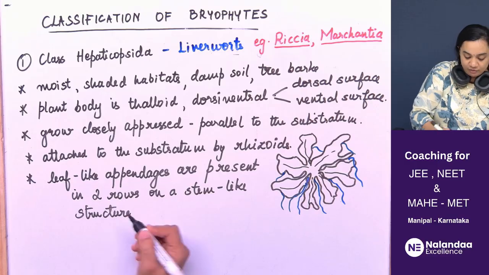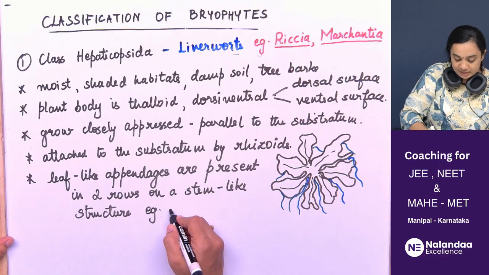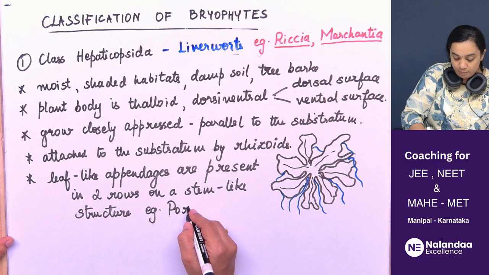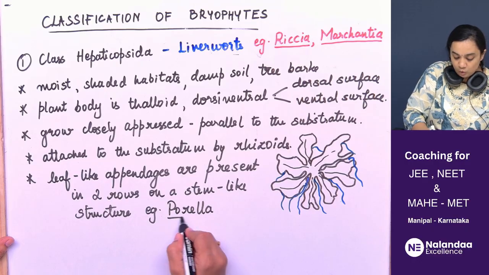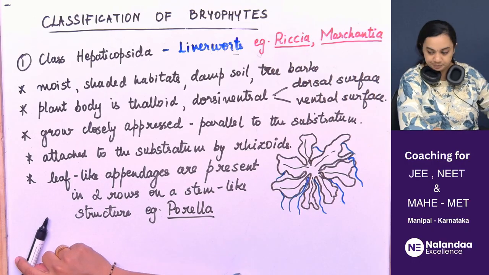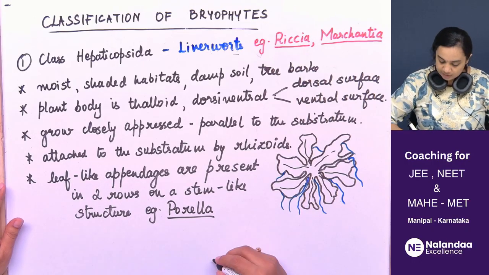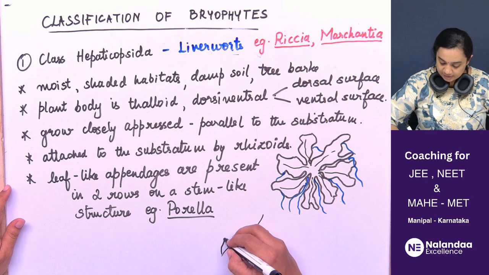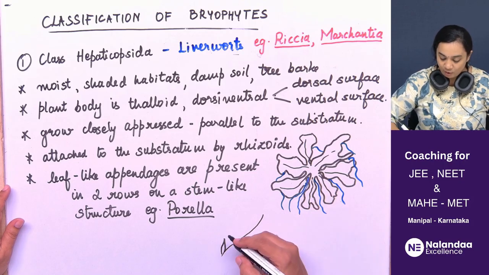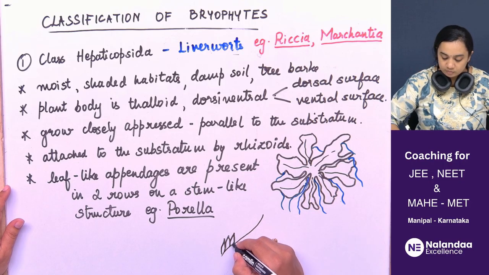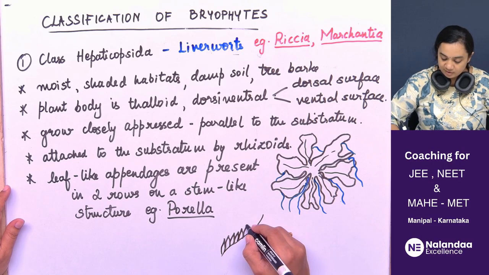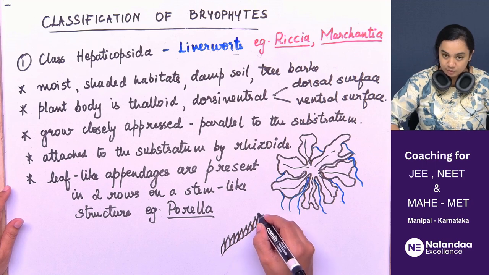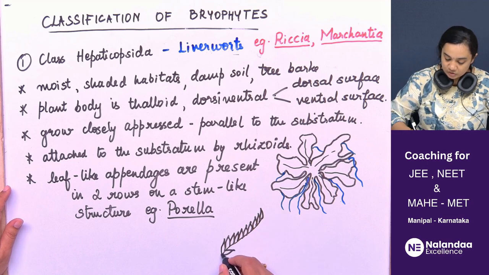We see leaf-like structures in this member. Over here, the thallus is leafy, so it won't be thalloid like this. It will have very tiny and minute leaf-like structures.